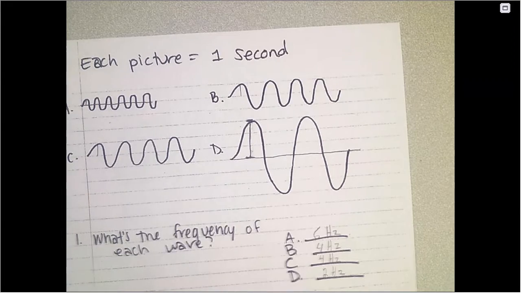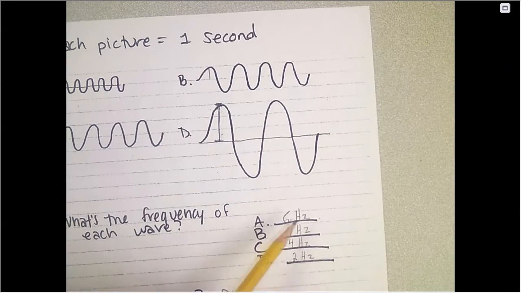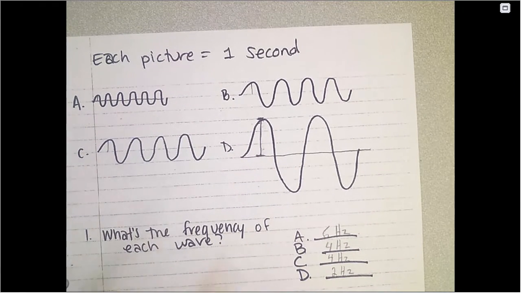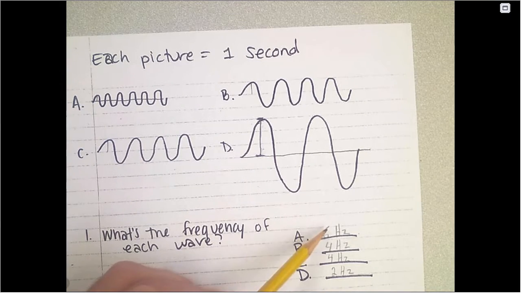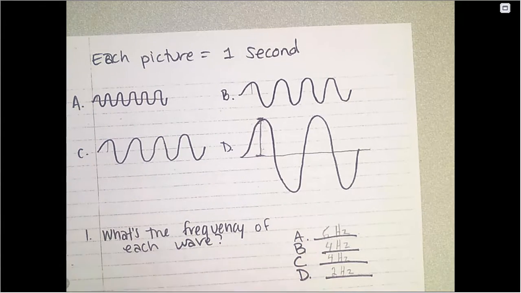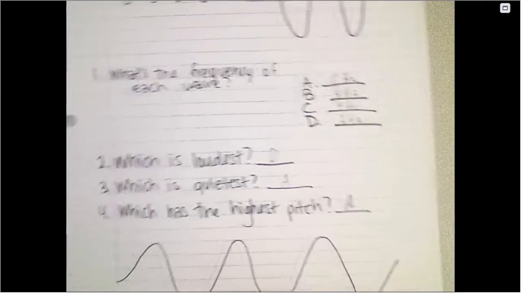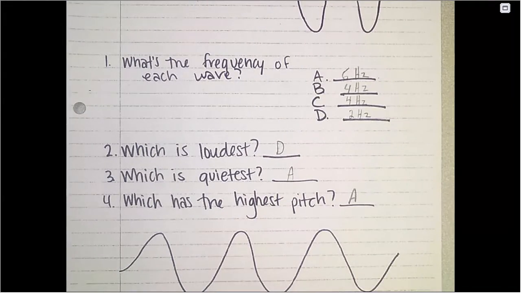So we're looking for which number here is the highest. And clearly, wave A has the highest number of waves because we counted 6 compared to 4 and 2. So the highest pitched sound would be wave A because it has the highest frequency, highest number of waves per second.